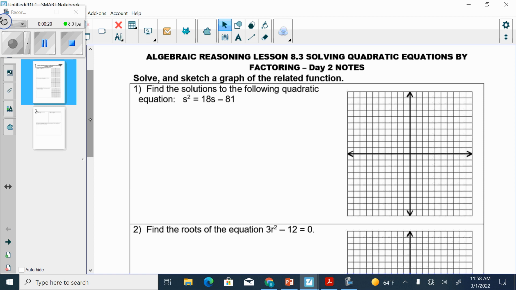Okay, so first equation, we have s squared equals 18s minus 81. Remember, if we're going to factor that, we need everything to be on one side of the equal sign, right? So how am I going to fix this? What should I move? How would I move the s squared to the other side?